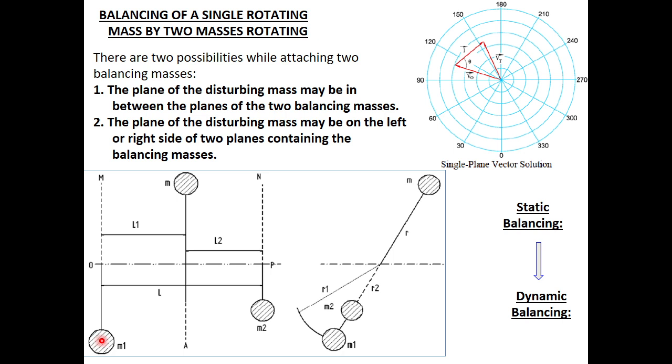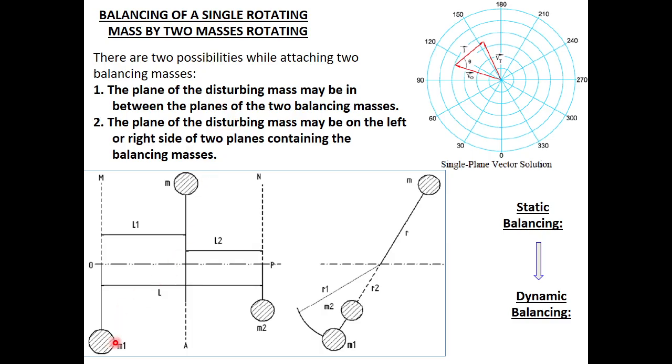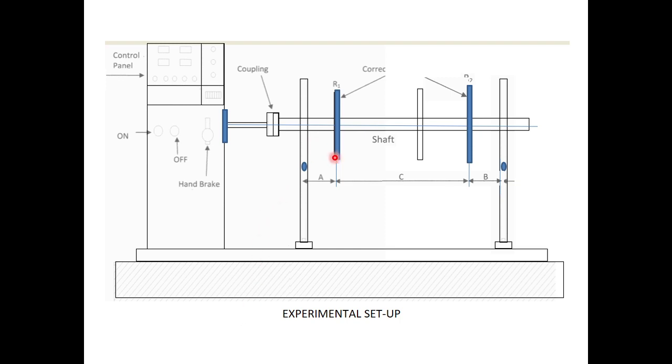Yes, it requires two planes. Even if we have many discs separated in the axial direction, we require only two correction planes to balance the unbalanced couple. So these two are selected.